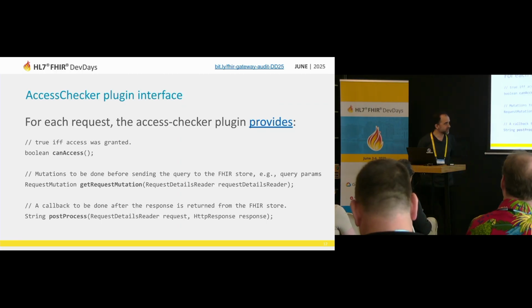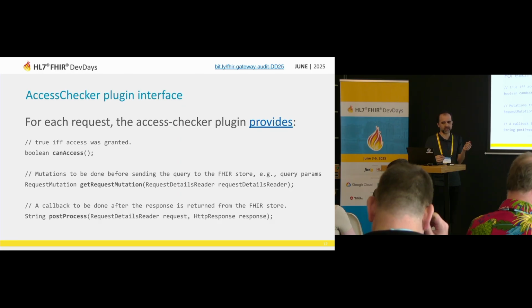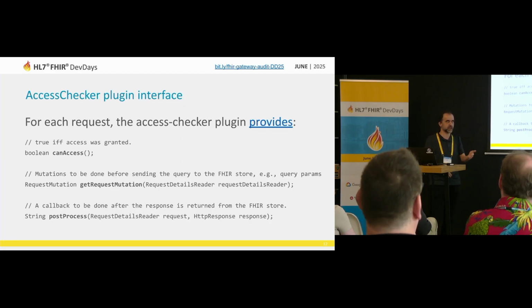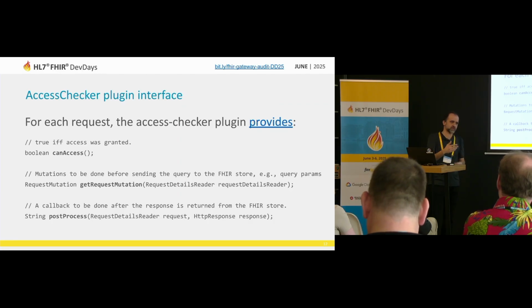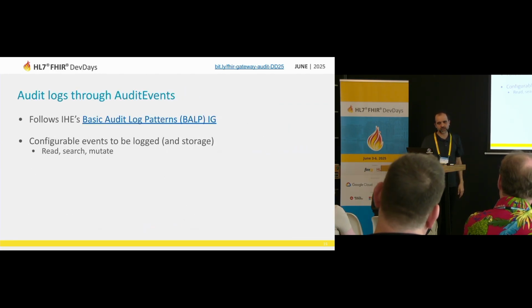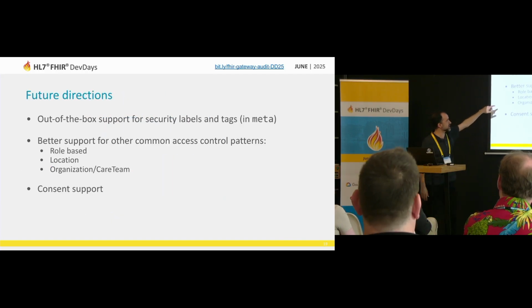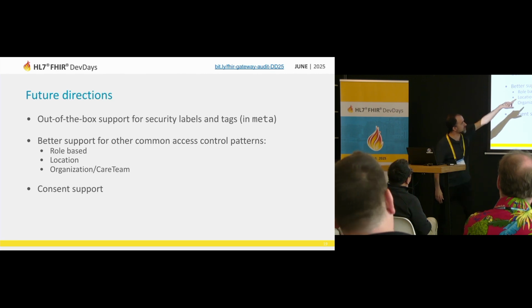The first question is about when I'm accessing a patient's information and there is sensitive information coming back. Right now, the boundary of access is the resource. Either you have access to this resource or you don't. I think it's mostly resource type. So if you have access to observations of a patient, then you have access to all the observations. But in the roadmap, one of the things that I didn't go into detail on is that we want to support security labels.